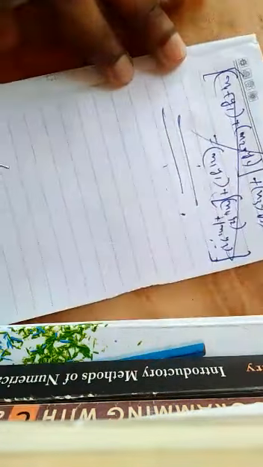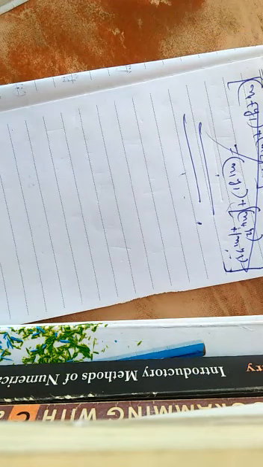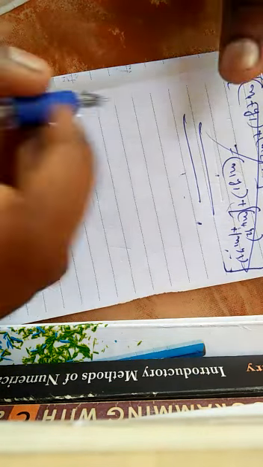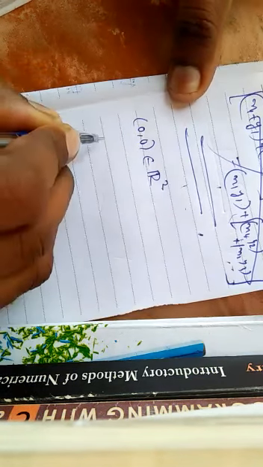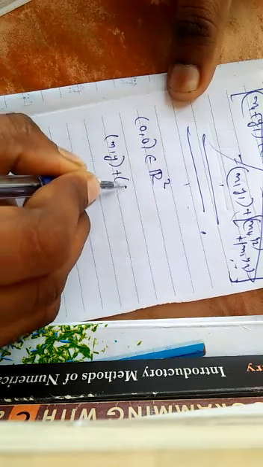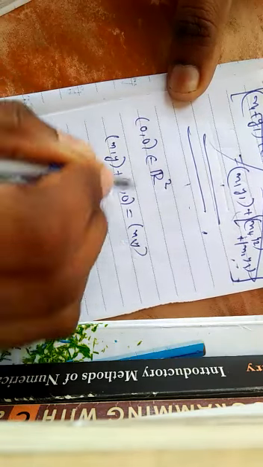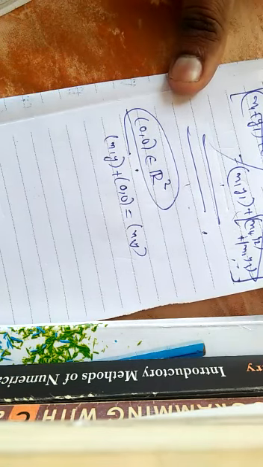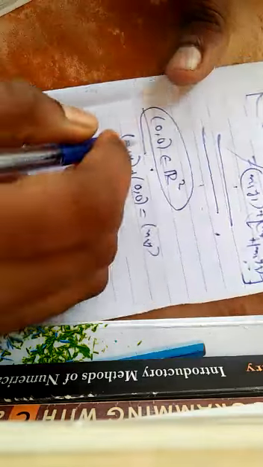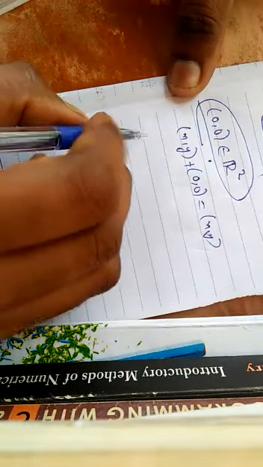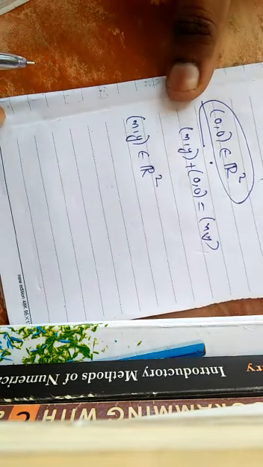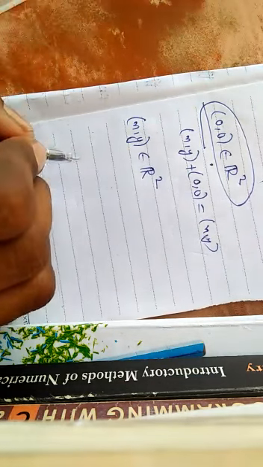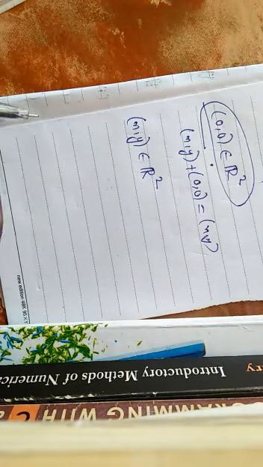Similarly, next is the existence of the 0 vector. (0, 0) is an element of R2. Any element (x, y) plus (0, 0) equals (x, y). So the 0 vector also exists in R2. So the third property is also satisfied. Next, inverse. Any element (x, y) is an element of R2. We need to prove that it has an inverse in R2.